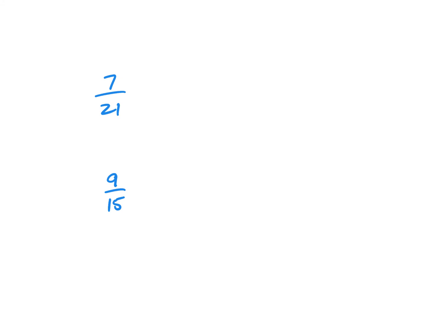So what we can do is divide 7 by 7 and 21 by 7 as well. So 7 divided by 7 gives us 1, and 21 divided by 7 gives us 3. So we now have 7 over 21 reduced to its simplest form of 1/3.